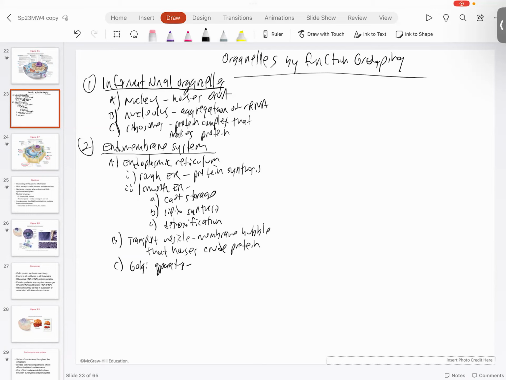And the Golgi apparatus's job is to modify, sort, and ship the protein to the next step, which is the secretory vesicle, which is basically a membrane bubble that houses the finished protein.